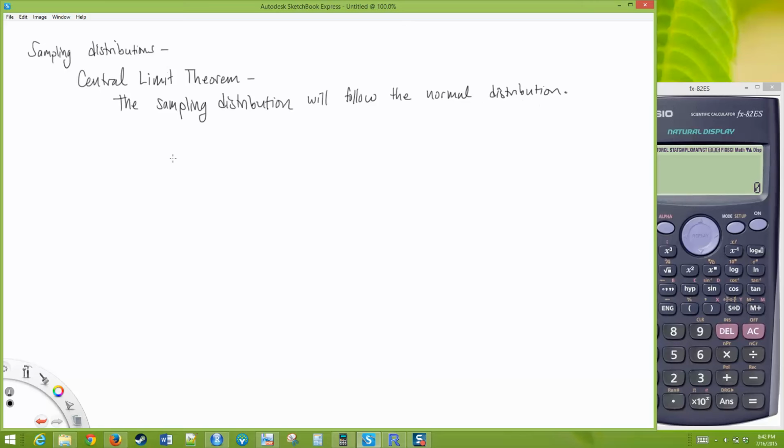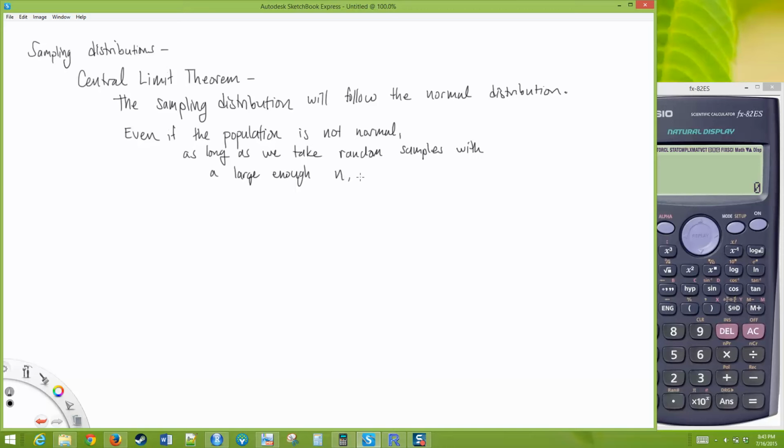But so we established that even if the population is not normal, as long as we're taking random samples with a large enough n, so large enough sample size, the sampling distribution of y bar follows the normal distribution.